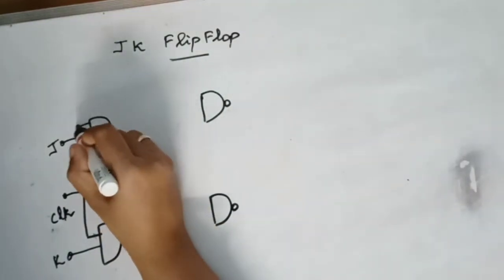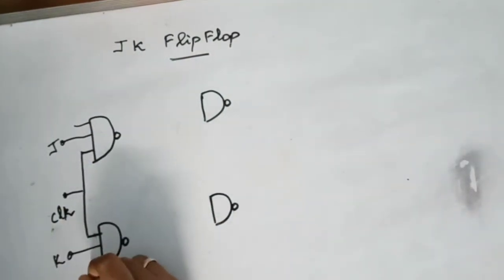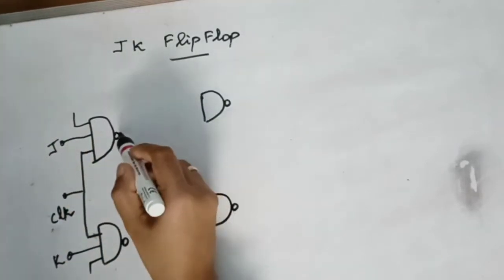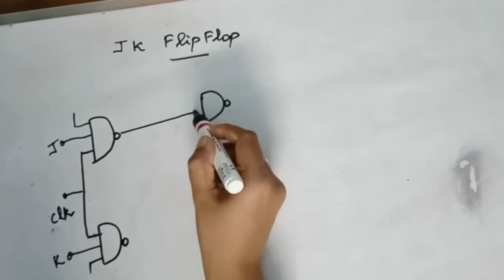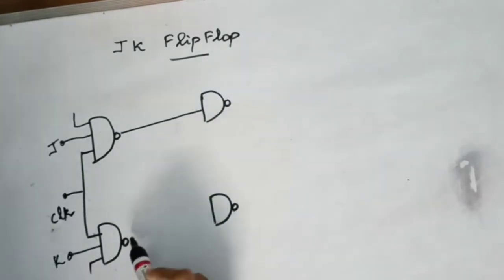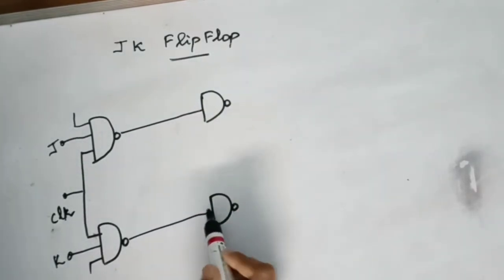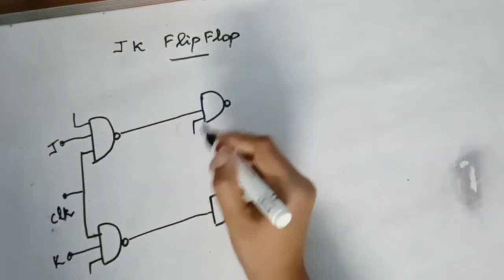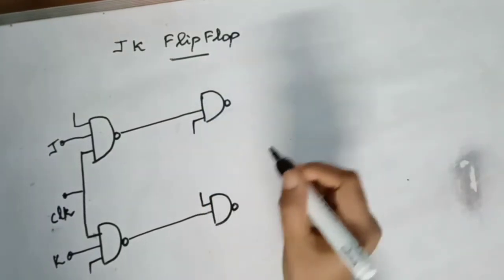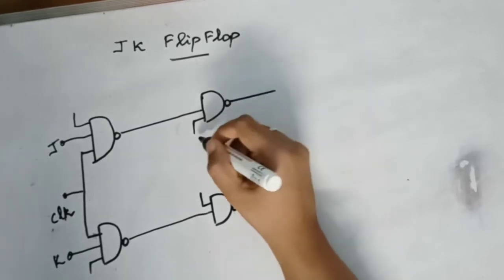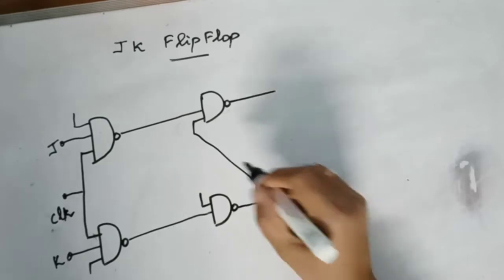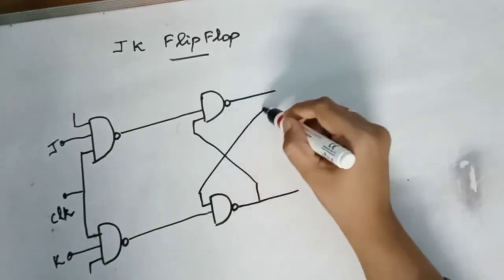Then you have another input which we will connect shortly. The output of the first set of NAND gates will go to the second set of NAND gates. And like in the earlier case, you have a back-to-back connected latch-like structure at the second set of NAND gates.